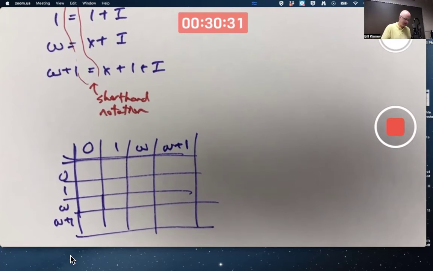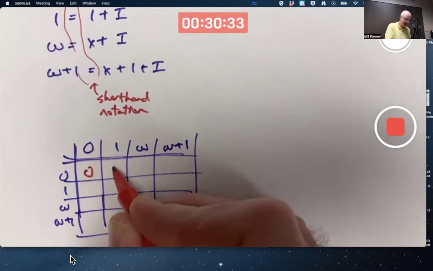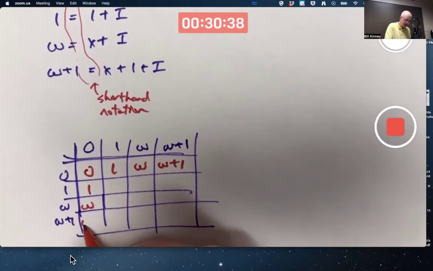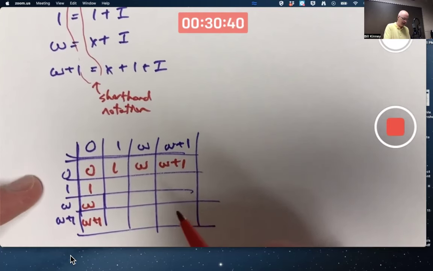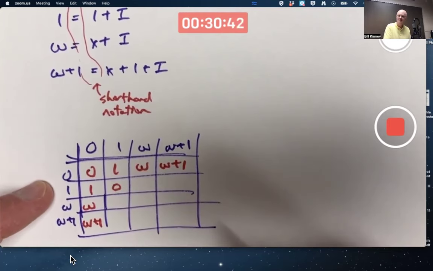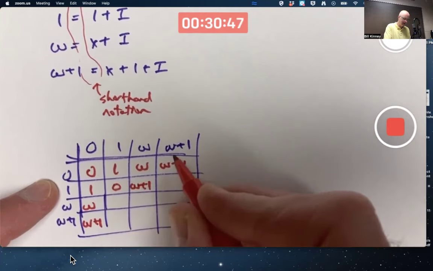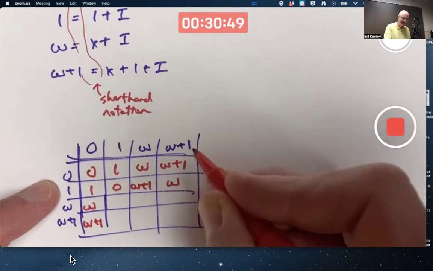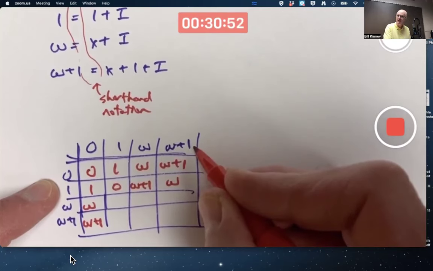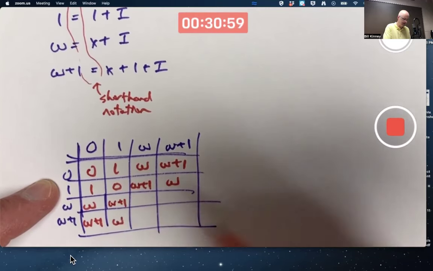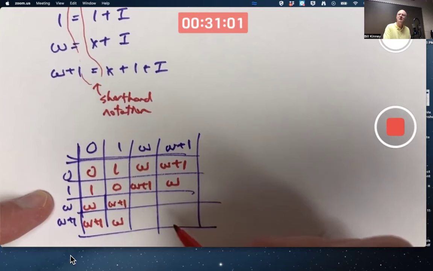Do as quick as I can here. 0 still acts like the additive identity. So I can quickly fill in those. 1 plus 1 is 0 mod 2. 1 plus omega is omega plus 1. 1 plus omega plus 1 is omega, because 1 plus 1 is 2 is 0 mod 2. I can very quickly fill in this table. And I'm really not doing too much different than what I did before.